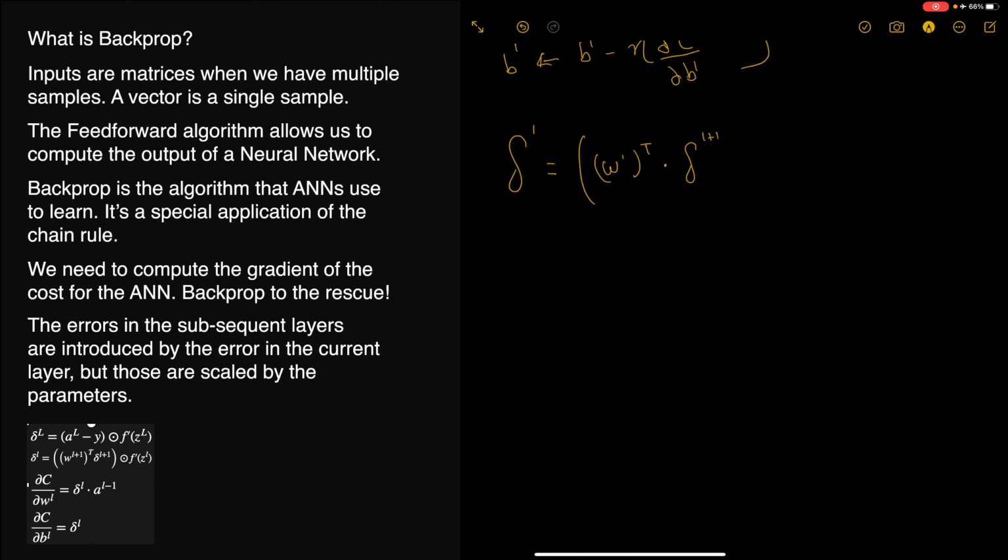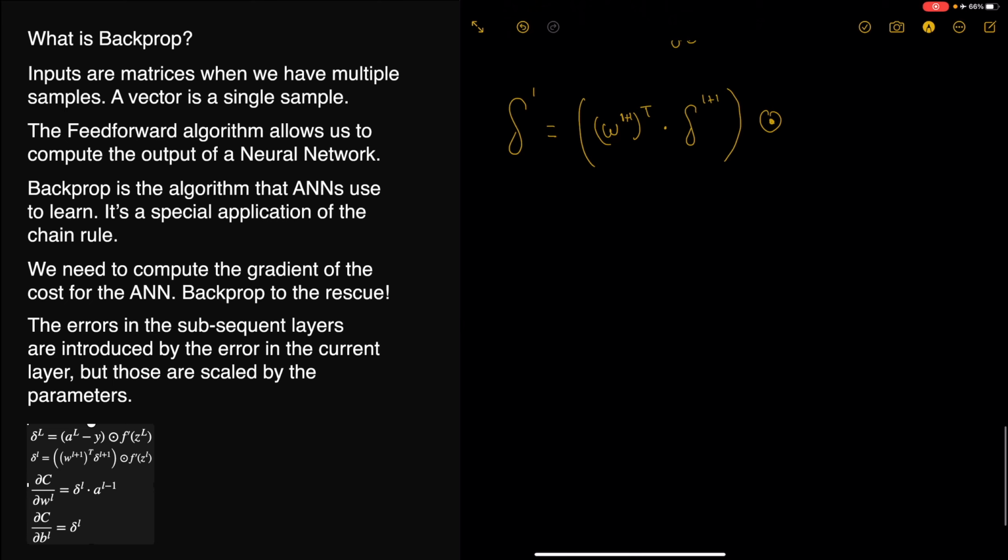Actually, it's the weights at the next layer, right? And then all that Hadamard product, which is just element-wise multiplication, of the error introduced by the activation function.